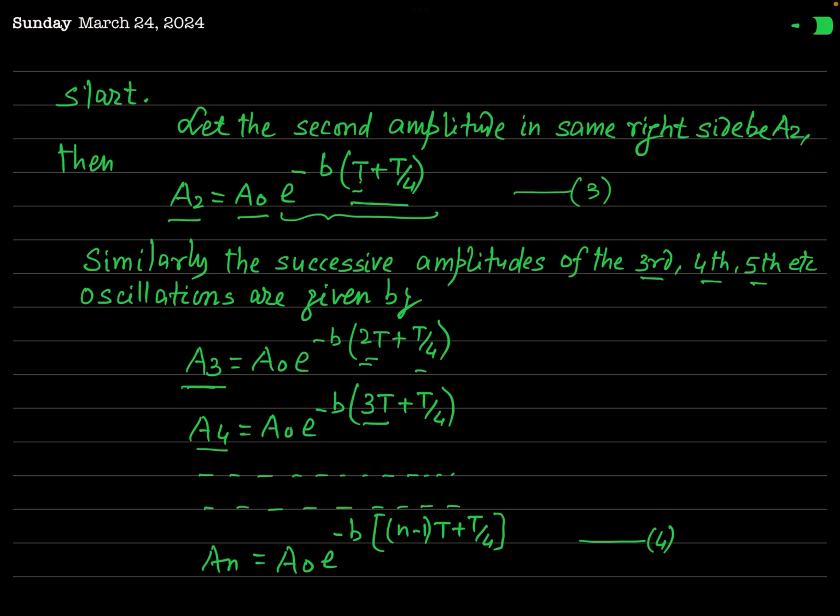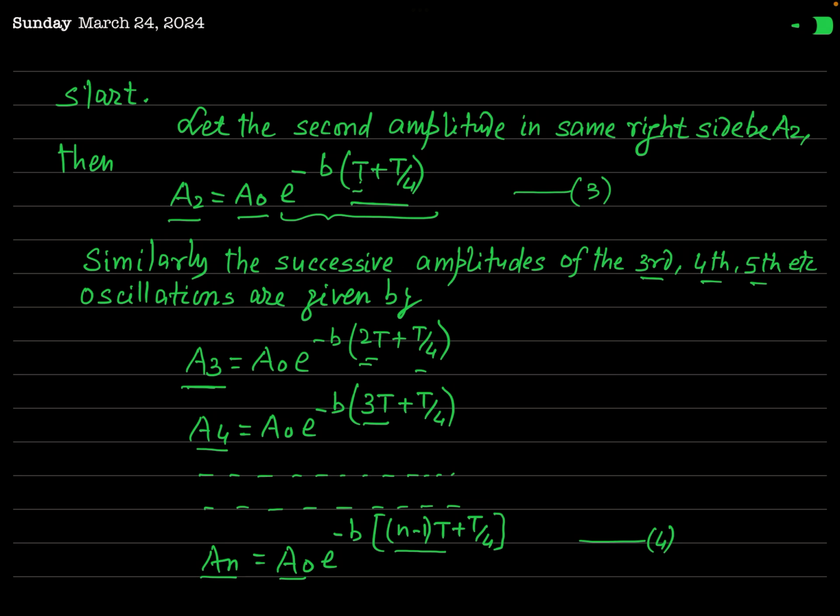Okay. So in a similar manner, for the nth amplitude, An, the expression will be A naught e to the power minus B times n minus 1 T plus T by 4. Okay. So these are the expressions for the different amplitudes on the same side during the oscillation.